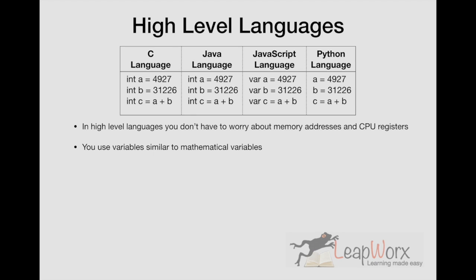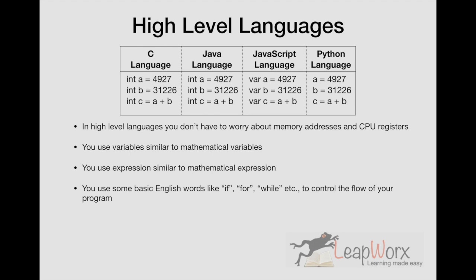And you can use variables very similar to how we use variables in mathematics. That's why you see that a equals something, b equals something, and c equals a plus b, and the computer will behind the scenes do the calculation, right? And use expressions that are very similar to mathematical expressions. And then you use some English like words for simple controls like branching. If one number is bigger than another number, then go and do something, right?